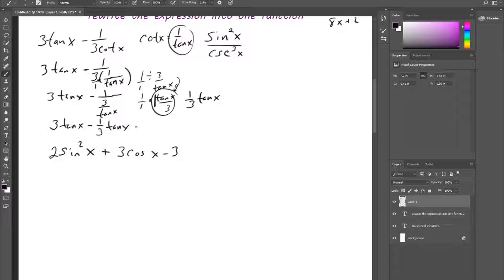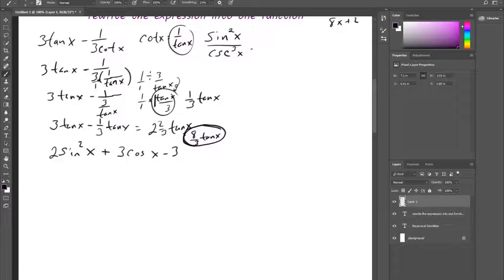So 3 minus 1/3 would be 2 2/3 tangent x. But the way most people are going to express that is with an improper fraction of 8 thirds tangent x. That is the final answer, a much simplified way of writing that.